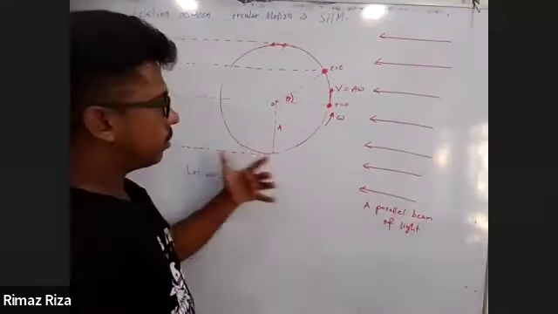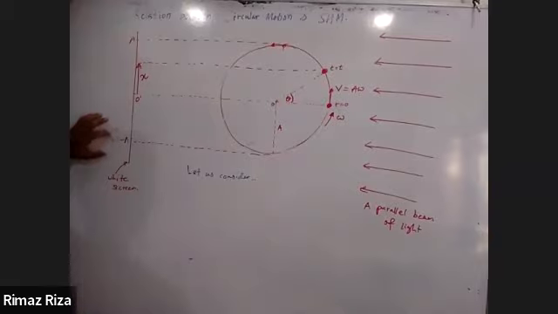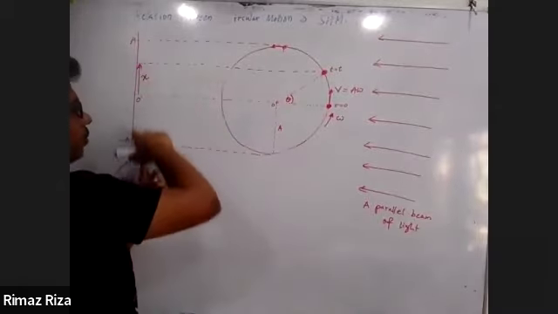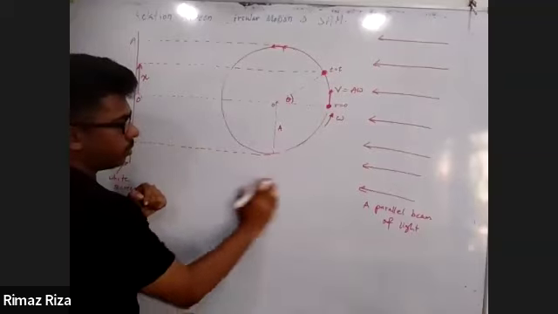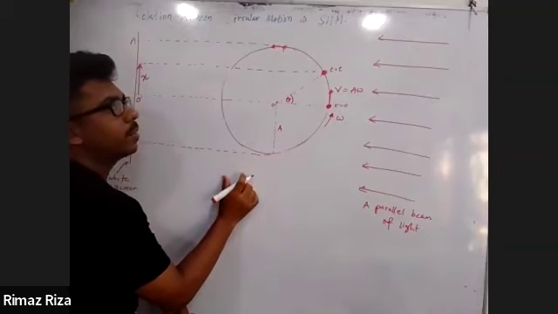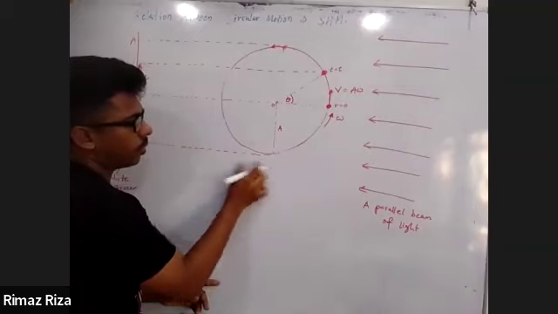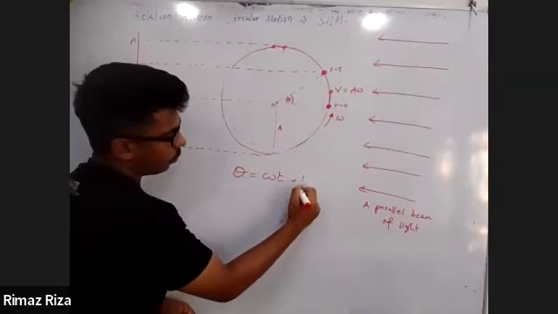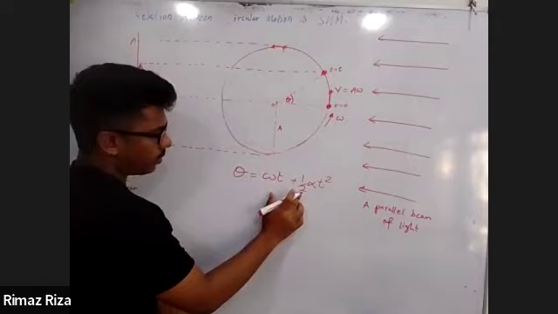So now, using this information, we can get an equation for the period time of the simple harmonic motion. The period time of the simple harmonic motion is equal to the period time of this circular motion. We have studied the equation in rotational motion: theta equals omega t plus half alpha t squared.